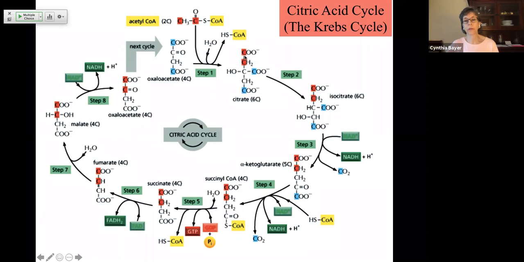There's 1 carboxyl group, there's a second, and there's a third. And what we see here is the 2 carbons that are highlighted in red, the 2 carbons from acetyl-CoA, will combine with 4-carbon oxaloacetate molecule to form citrate.